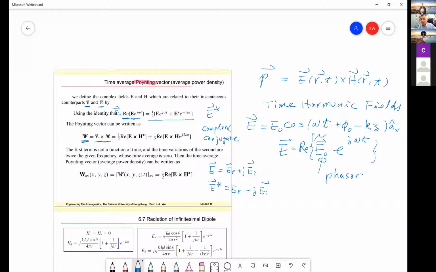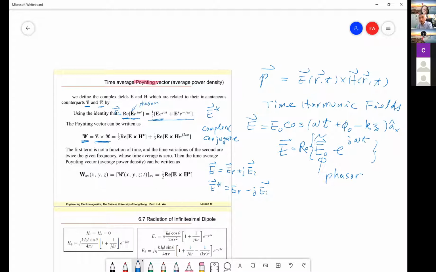E I can write into this form, and the magnetic field I can write in this form. Therefore we can easily justify, for a time harmonic field, if we use a phasor, because this is a phasor.